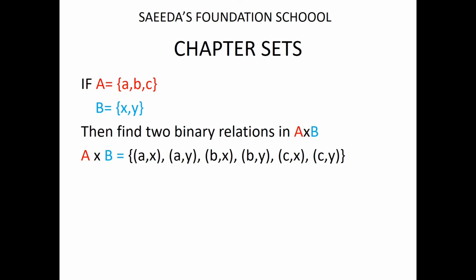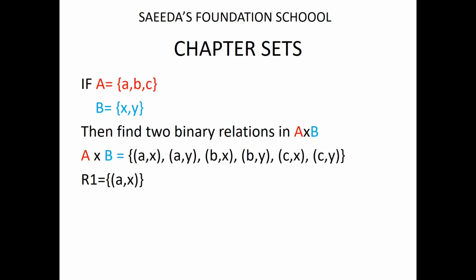So if you have to take out binary relations in any set and the Cartesian product, we are simply going to write down their subsets and represent relations with the letter R. So over here, the first binary relation that we have taken out is R1, that is A and X.